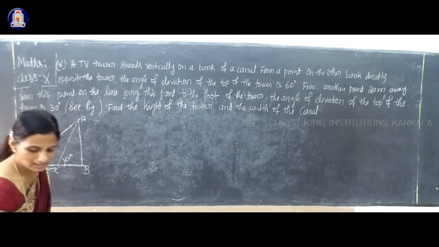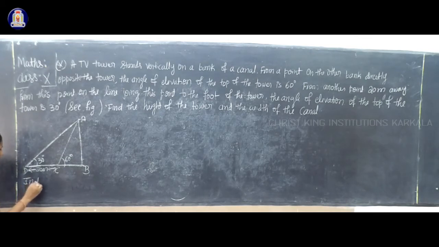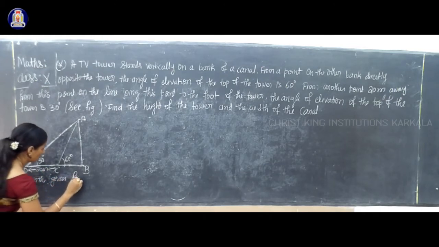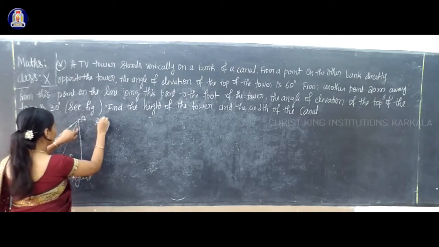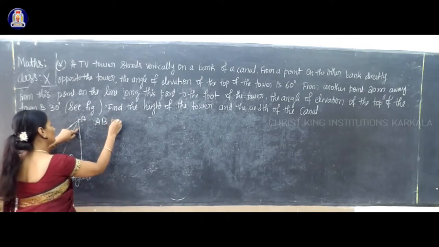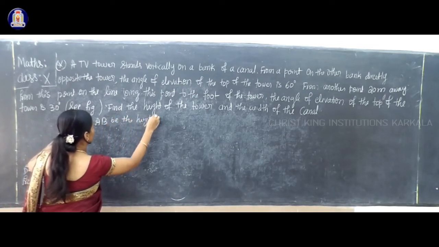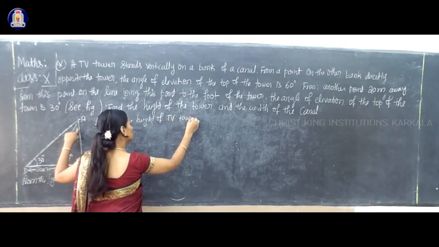So now we will write in sentences. From the given figure, first write: let AB be the height of the TV tower.